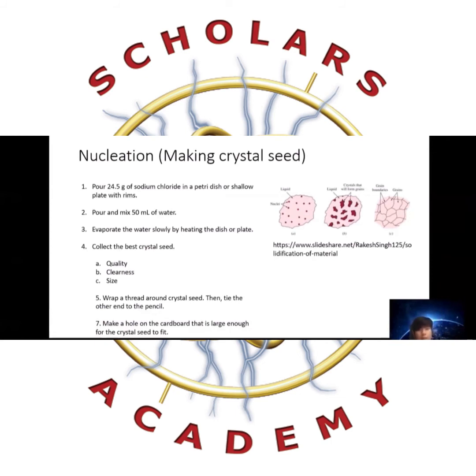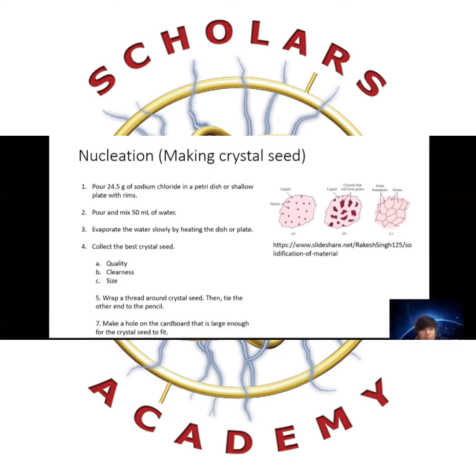And then once you evaporate the water, you'll collect the one crystal seed, and what you want to look for is the quality, which will be determined by the size, clearness, and structure of the seed. So if it's very uniform all throughout, then you can use that one. If it's clear, then usually the less impure it is. And the bigger the size, the better results you're going to get, and the easier it's going to be to grow a crystal.